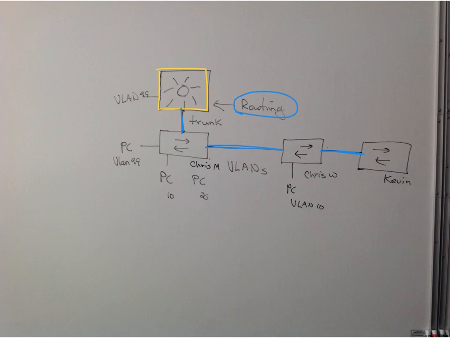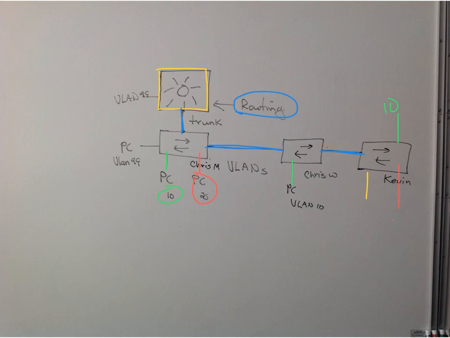So devices on different VLANs, well, let's just say we have one VLAN here, one VLAN here. Okay, so we got, let's say, a PC on VLAN 10, so let's say this is 10, this is 10, and then, let's say this one's 20.